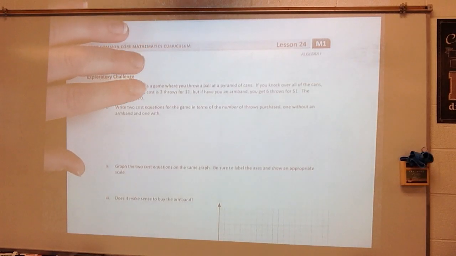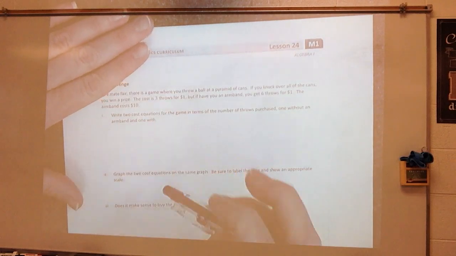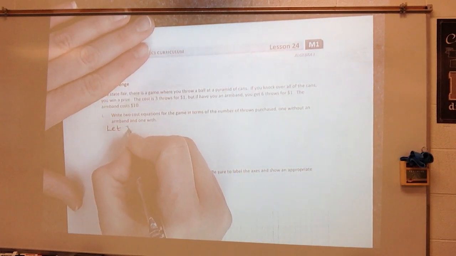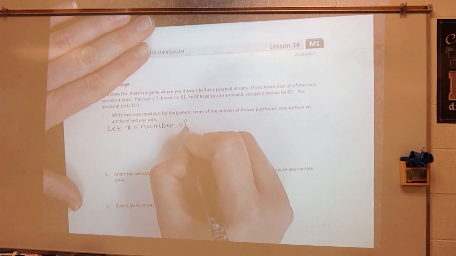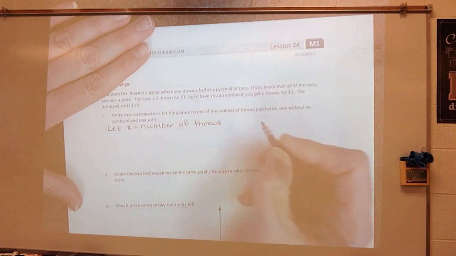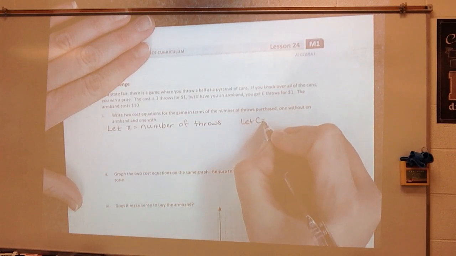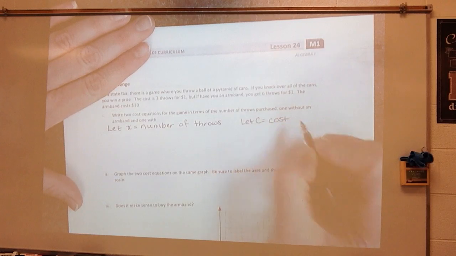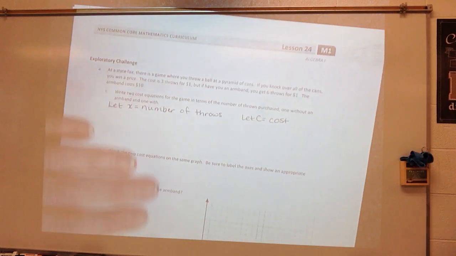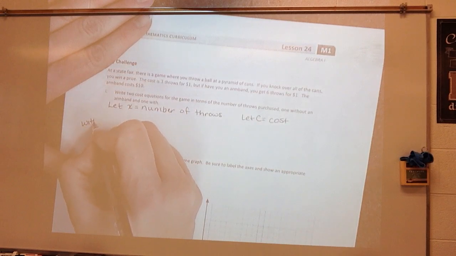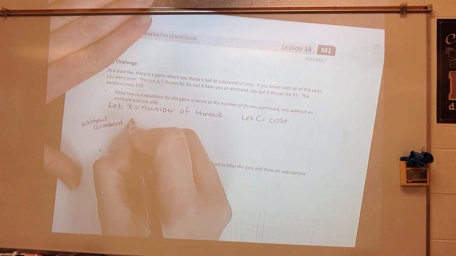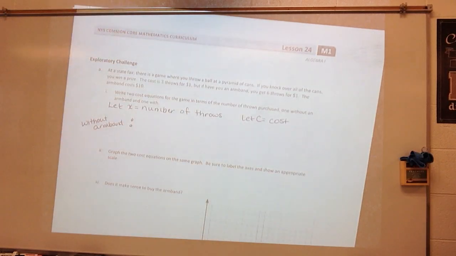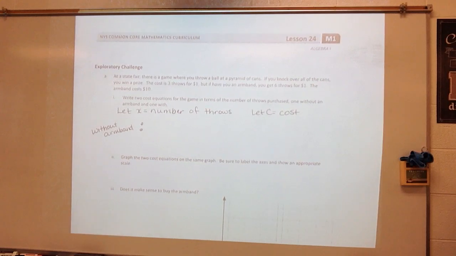Alright, so we want to find the total cost. So we're going to let X equal the number of throws. And we're going to let C equal our total cost. Alright, now it said to write one without an armband. So let's think about this for just a second. So without an armband, all they have to do is pay, it's 3 throws for $1.